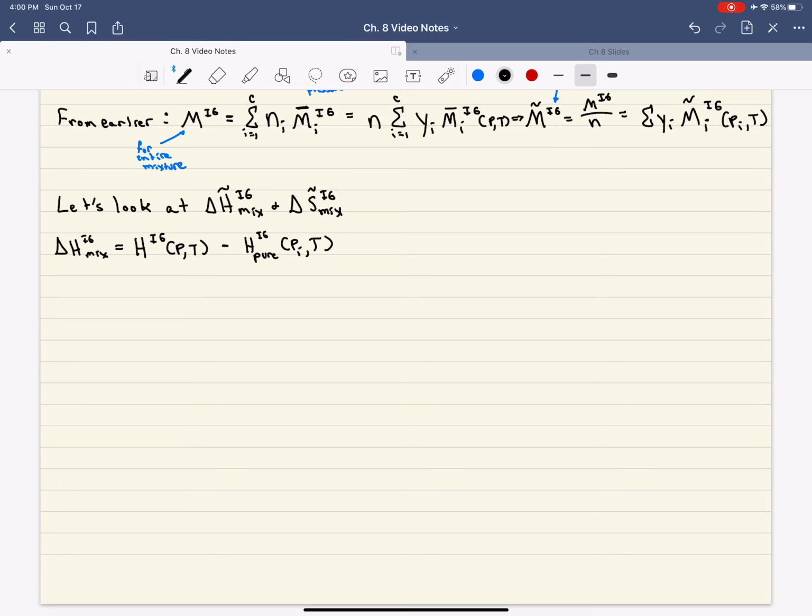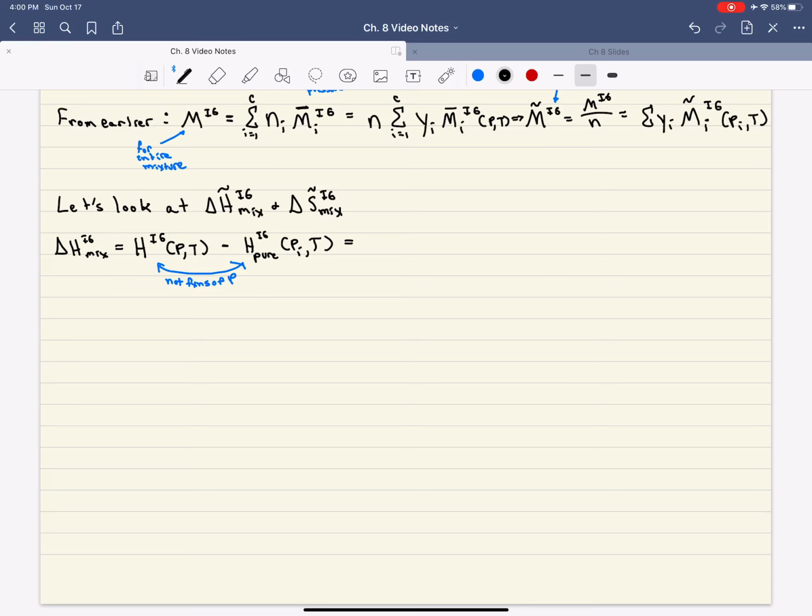But we have to remember we're dealing with ideal gases here, and for ideal gases, we know that enthalpy is only a function of temperature. Okay? All right. And so we could write these things out.